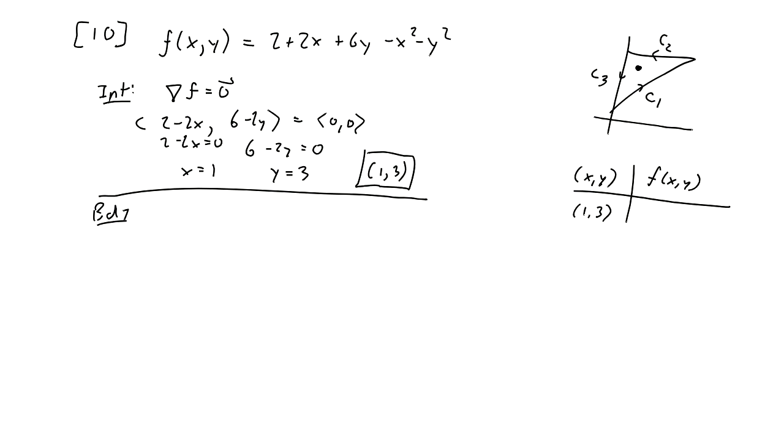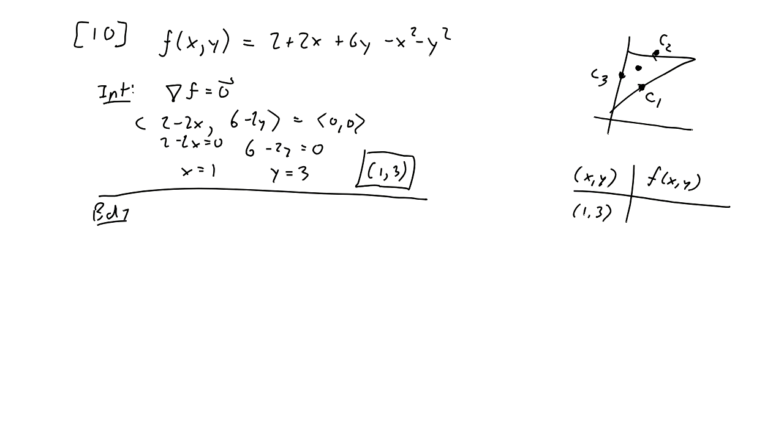And C3 is the vertical line, the y-axis, so x equals 0. In the picture here, I directed those line segments. That's really not necessary. We're not doing an integration problem here, so it's not important to give an orientation.